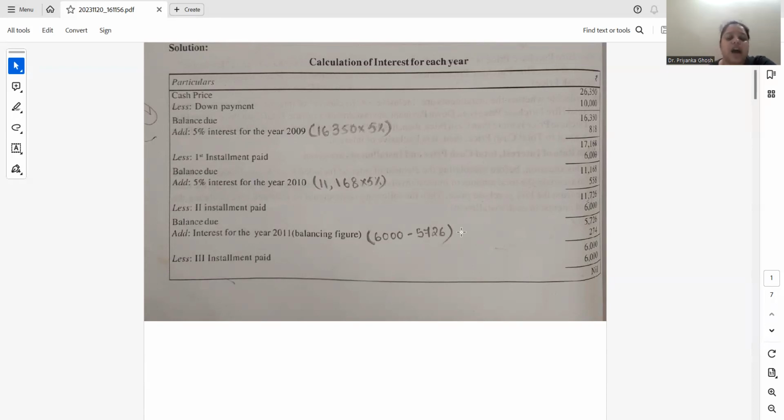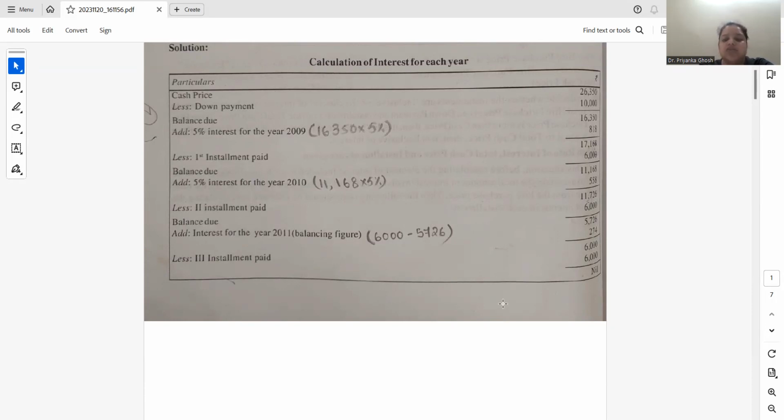Now you can ask me why we find this as a balancing figure and do not calculate the 5% directly on the due. If we calculate 5% directly on the due amount, small amounts of change would keep coming. My installment payment is 6,000, and we are not going to pay 5, 10 or 20 rupees as an installment.